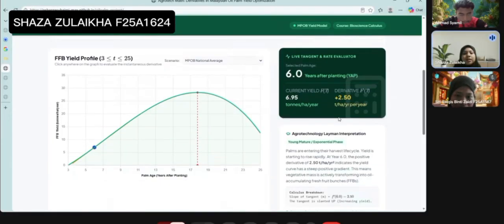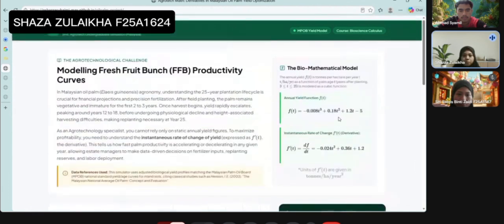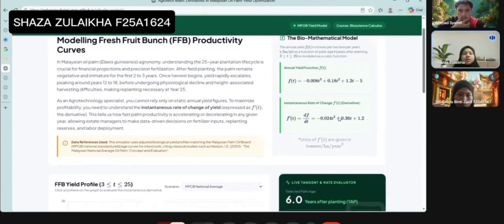This creates challenges for plantation management because decisions regarding fertilization, harvesting, labor, and replanting depend heavily on understanding these yield changes.